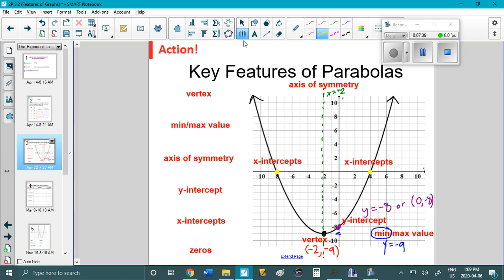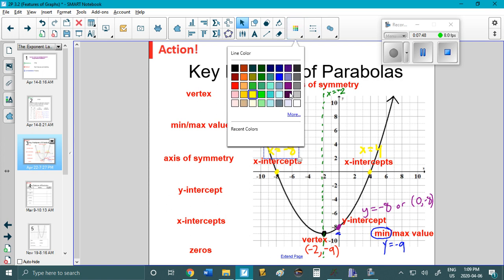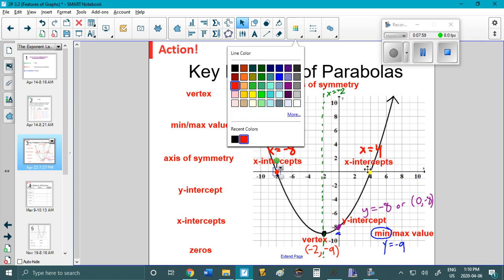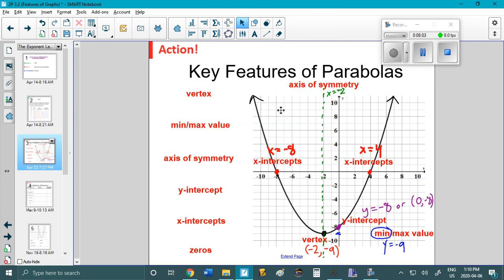Now the way that we would write those is here we could say x equals -8, and here we could say x equals 4. I'm guessing that that's probably hard for you to read, so I'll make those red. And I'll avoid using yellow moving forward. In the classroom it's okay because my projector is not great, but your screens might be a lot better.